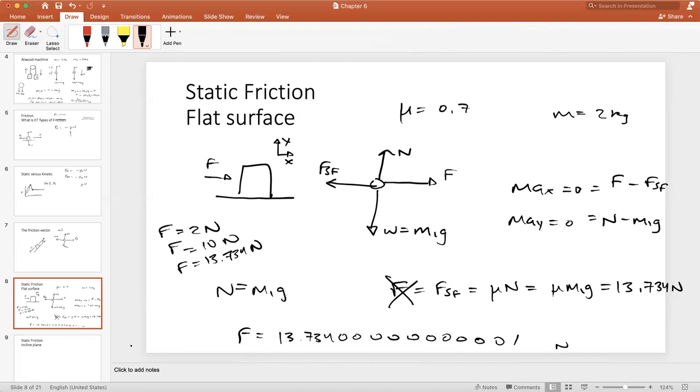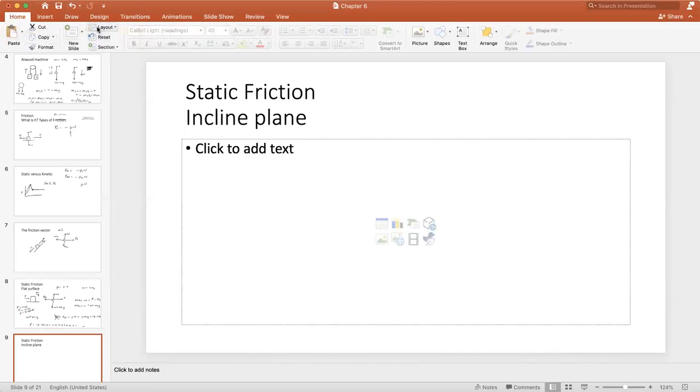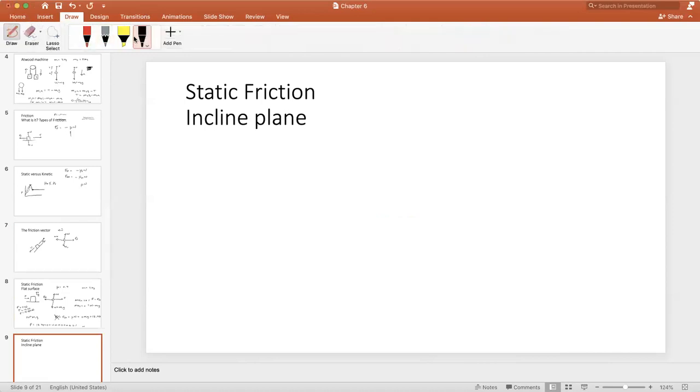But yeah, let's do an inclined plane because I want to show you one potential hang up. So imagine we have a real simple problem. We just have, on a 30-degree incline, a 3 kilogram mass. And it's not sliding down because there's static friction here.